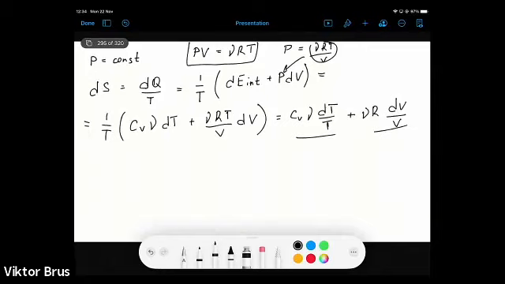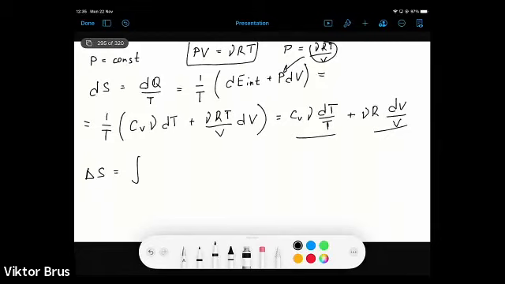So if we want to determine some large change of entropy, when we have two states, initial and final, quite far away from each other in terms of thermodynamic processes, then we go as follows.